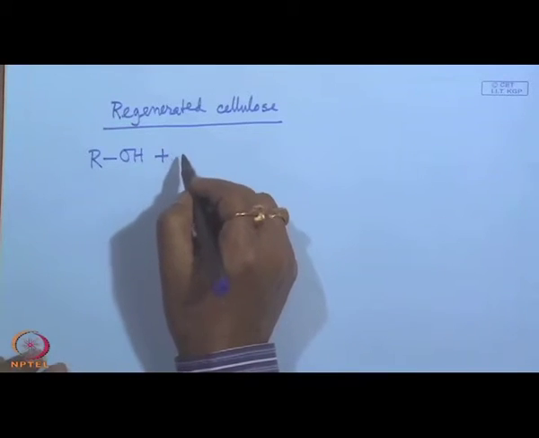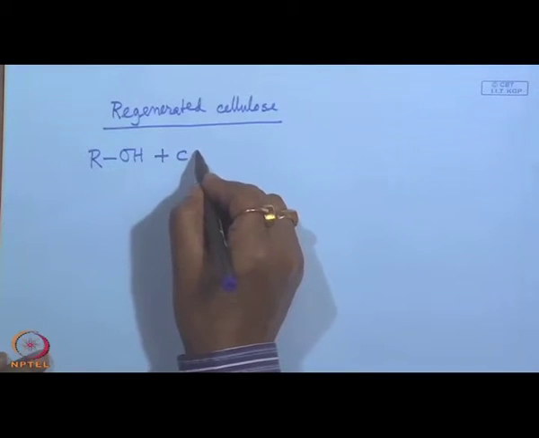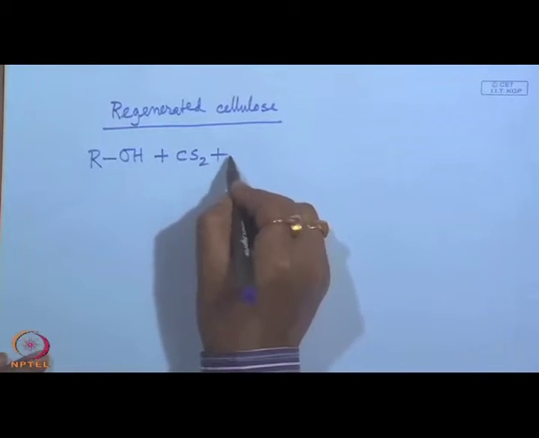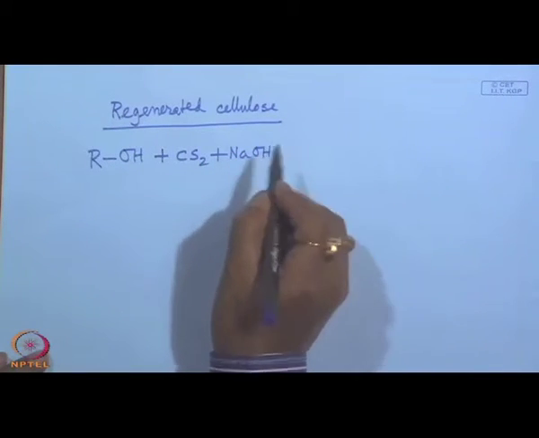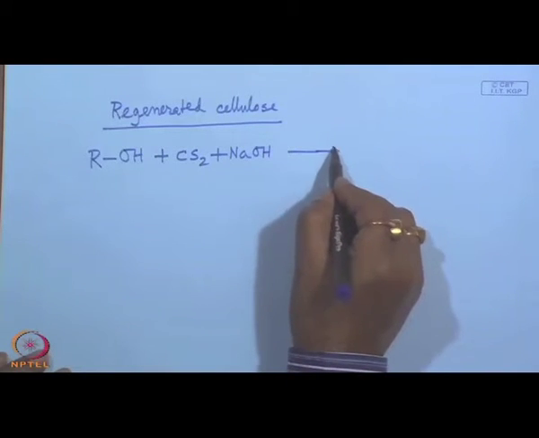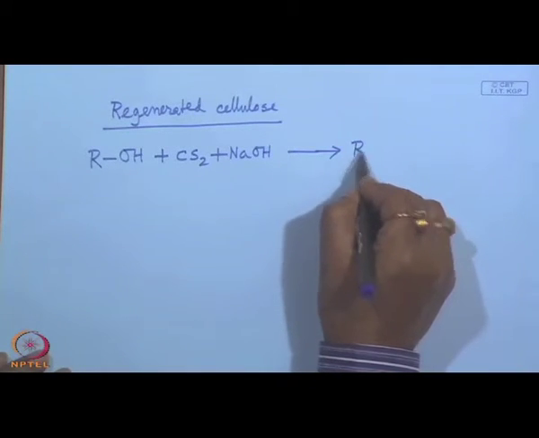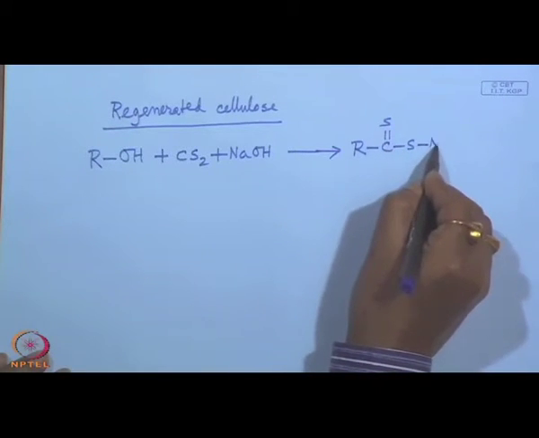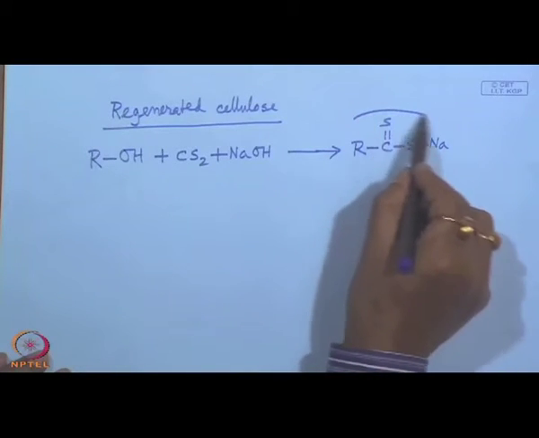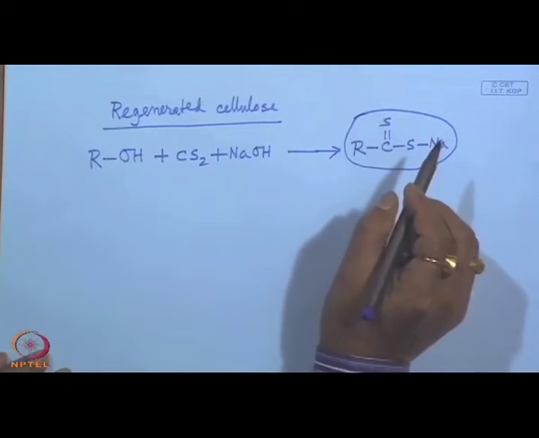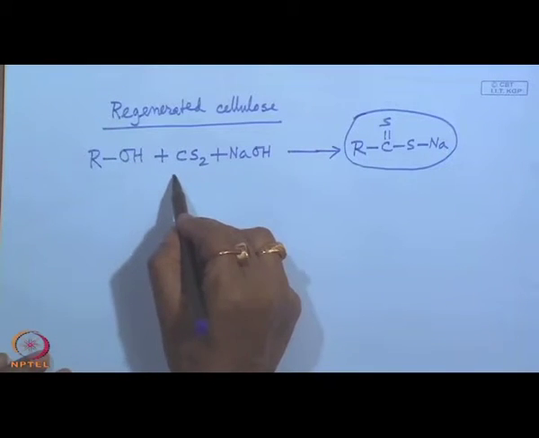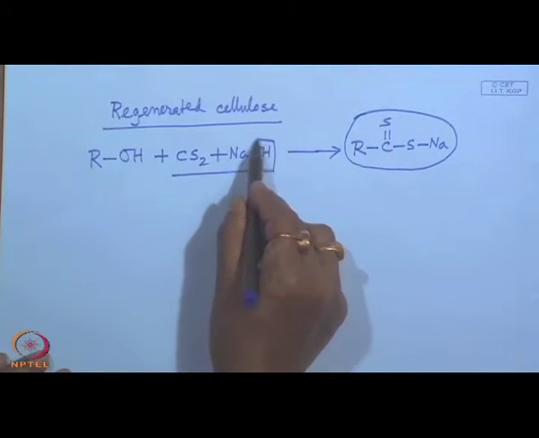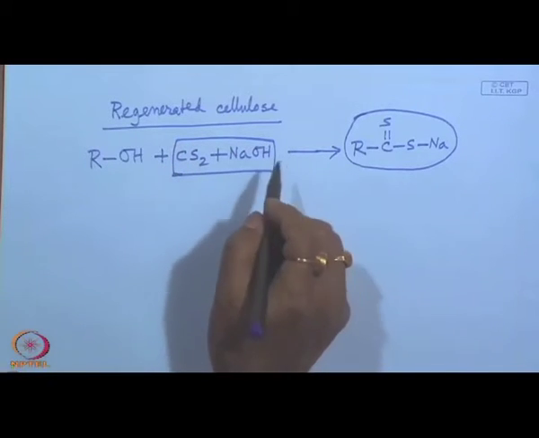Now, in one of the techniques of different regeneration processes, it is reacted with carbon disulfide and sodium hydroxide, and it forms sodium cellulose xanthate. This is soluble. That means cellulose can be dissolved in an aqueous solution of carbon disulfide and sodium hydroxide.